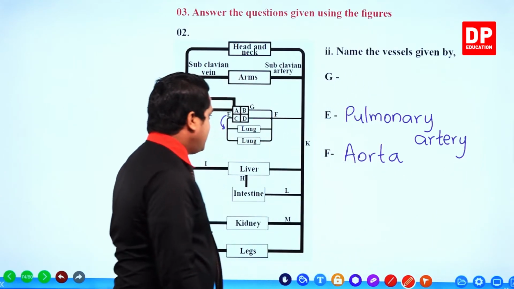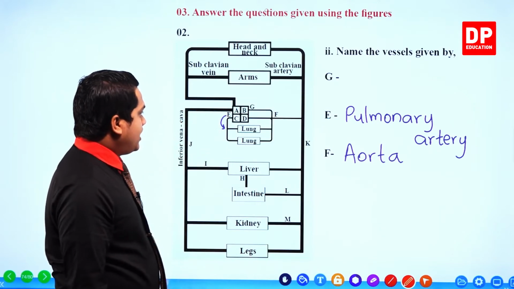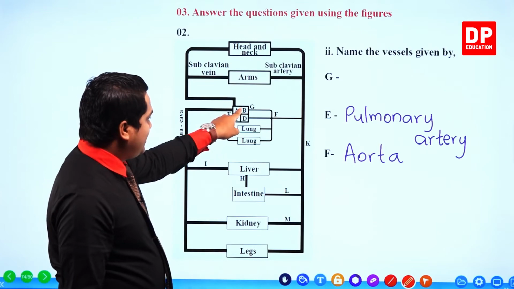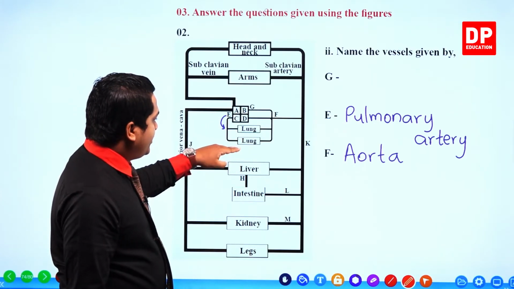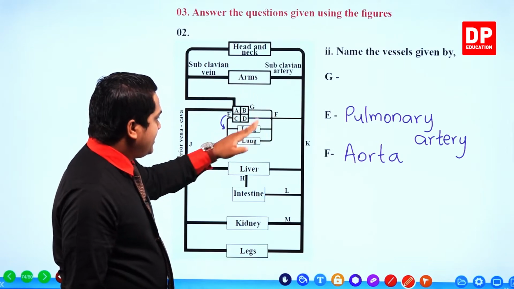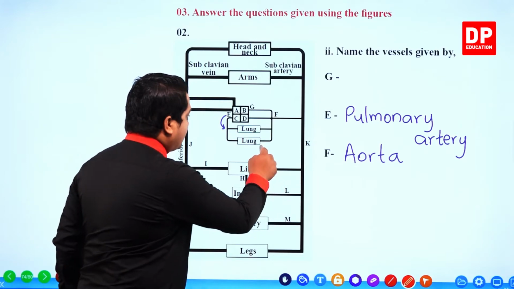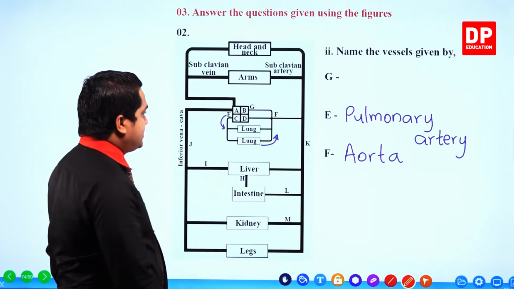Pulmonary artery is the one which brings blood towards the lungs from the heart. Then G. G is going to bring oxygenated blood towards the heart.